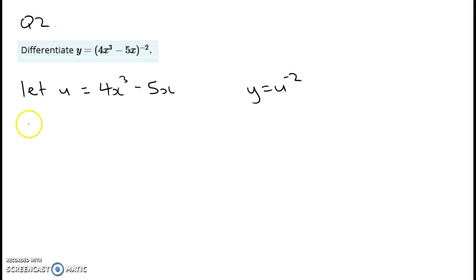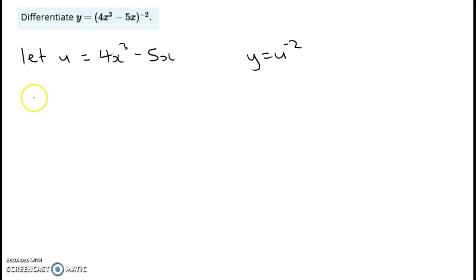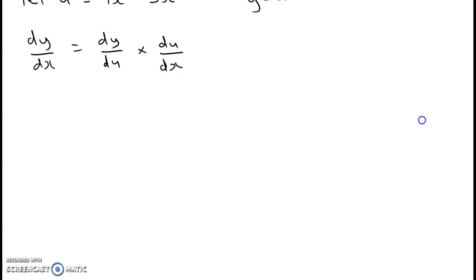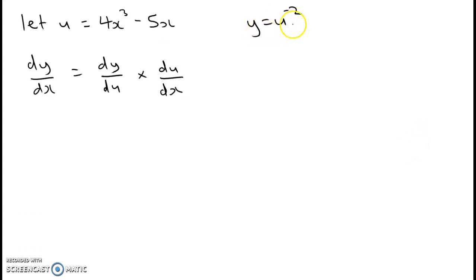So if we go ahead and apply the chain rule, we'll get dy/dx equals dy/du times du/dx. If we differentiate y with respect to u, that will give us minus 2 u to the minus 3 times du/dx.